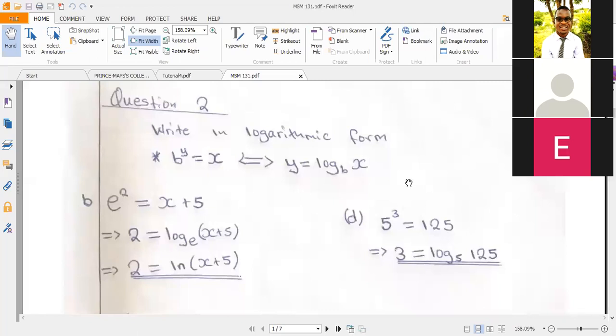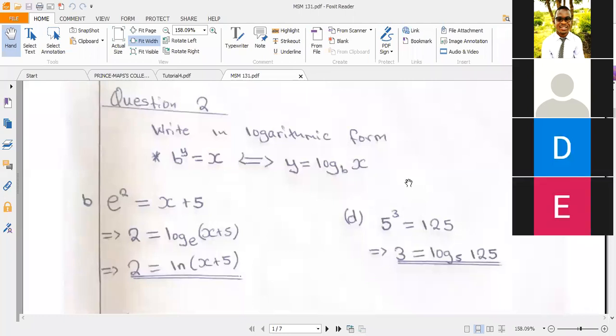Then we have 5 to the 3 is equal to 125. Okay, we proceed.